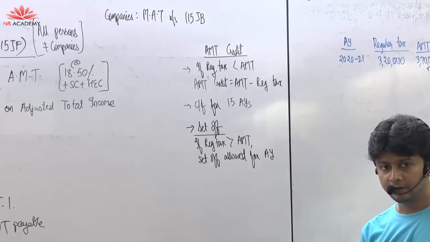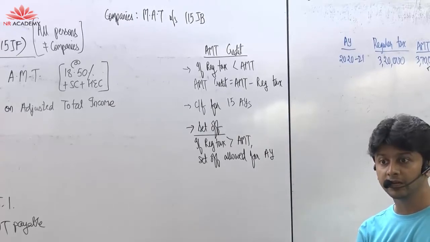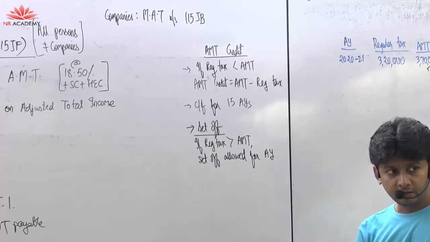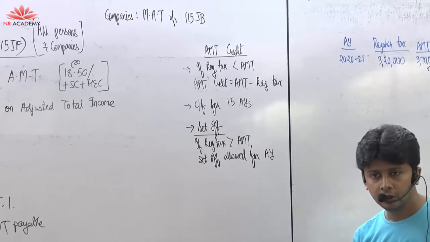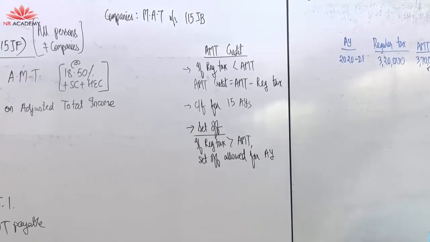Now I will be setting off. What will I set off? The AMT credit. What is AMT credit, by the way? It's an extra tax that I've paid. So the extra tax that I paid in a past assessment year is now being allowed to me as a credit. I am taking that extra amount and I am setting it off. But I still have to ensure that the provision of AMT is satisfied, that government still gets the AMT, still gets the minimum tax.